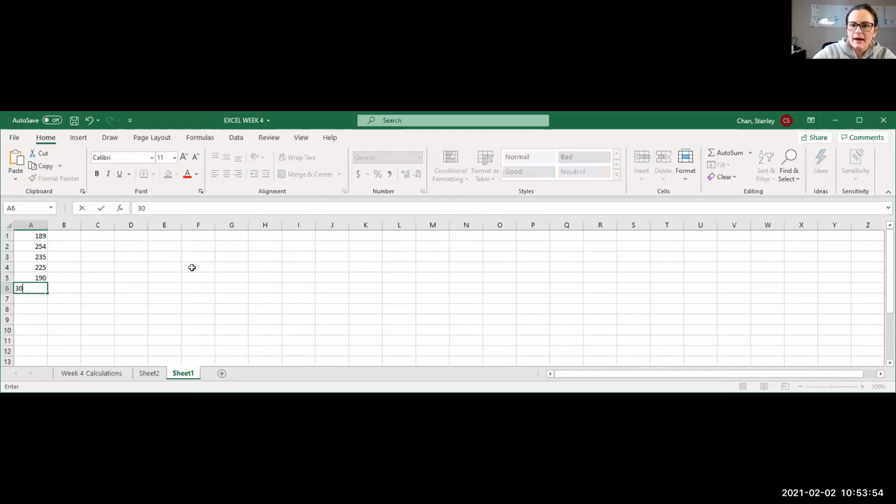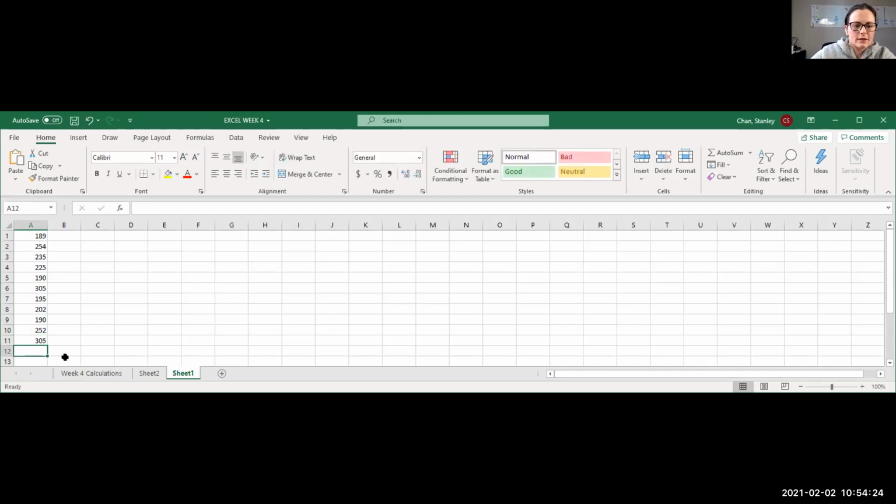When you're dealing with massive amounts of information, sometimes it's not efficient to calculate by hand. It's more efficient to calculate using Excel. So 189, 254, 235, 225, 190, 305, 195, 202, 190, 252, 305. All right.